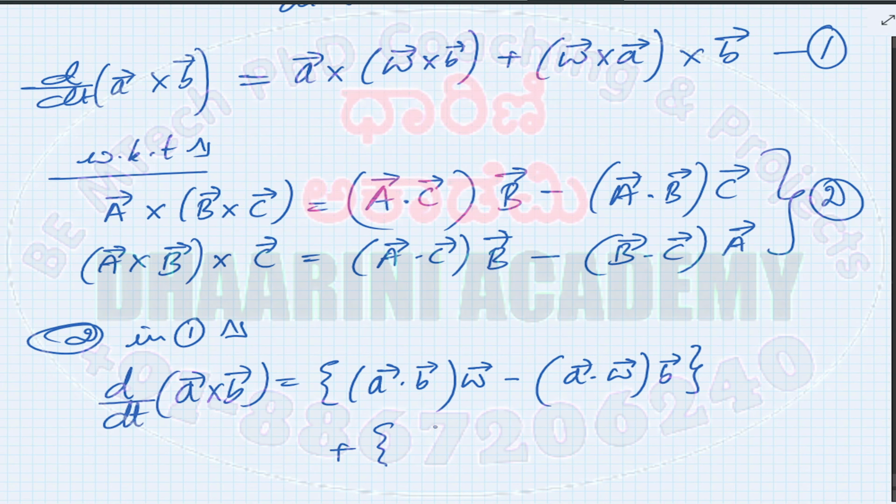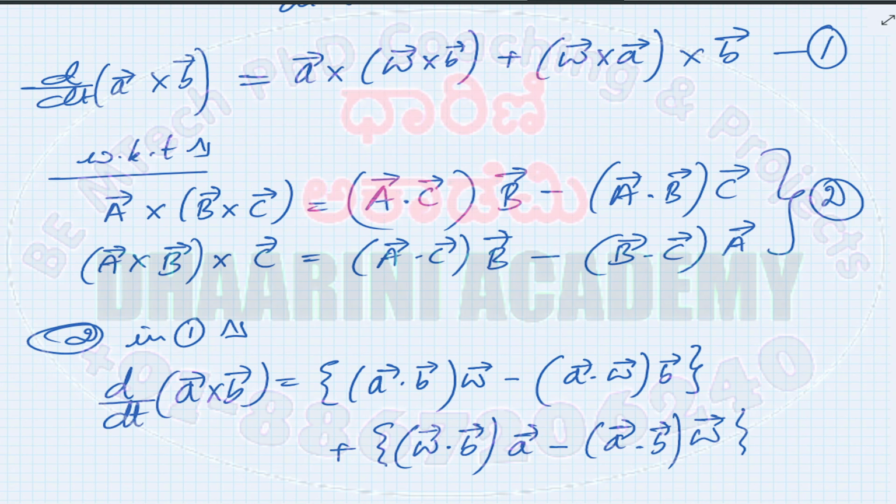So that is W vector dot B vector times A vector minus vector A dot vector B times W vector is what I write here.